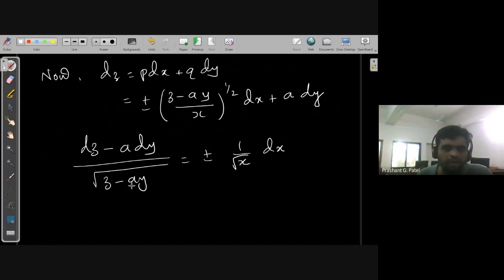You know that the derivative of this quantity is in the denominator. So z minus ay raised to 1 by 2 is equal to plus or minus x raised to 1 by 2 plus another constant b raised to 1 by 2. So finally, what do we get if we take the square on both sides?